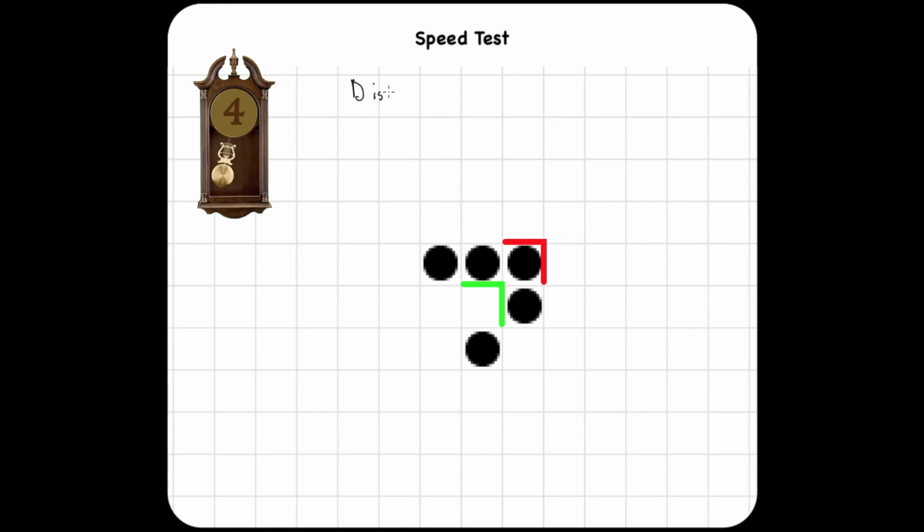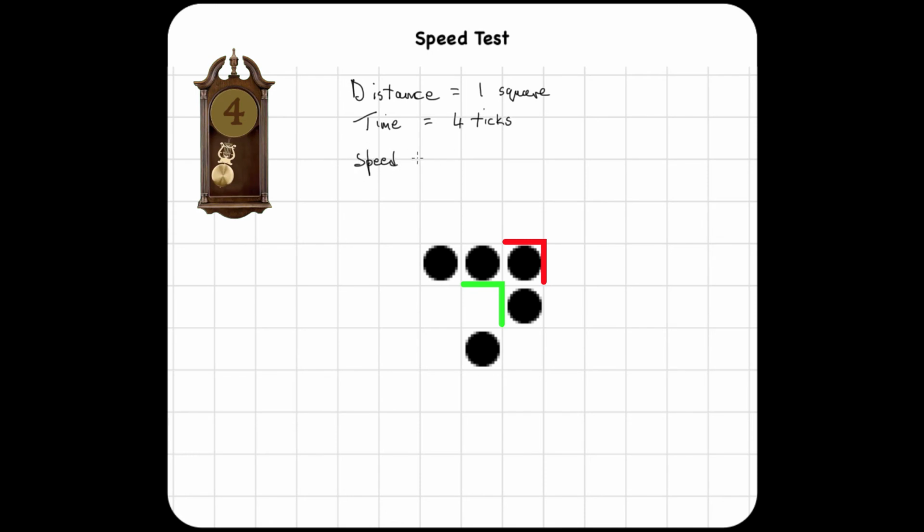So what distance has it travelled? Well, that's 1 square. And this time it's diagonally, but it's still 1 square. The time it took was 4 ticks of the clock, same as the other 3 spaceships.